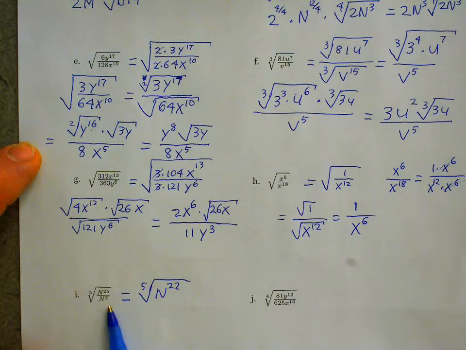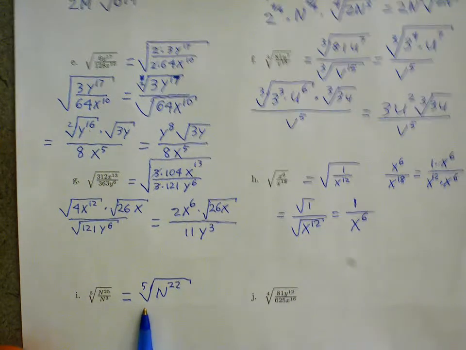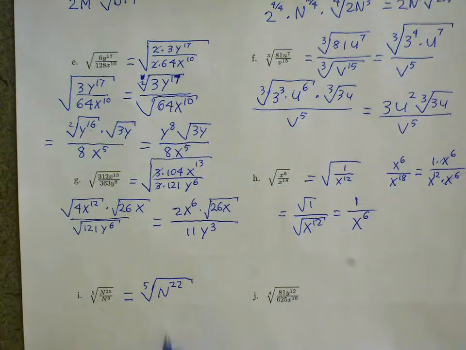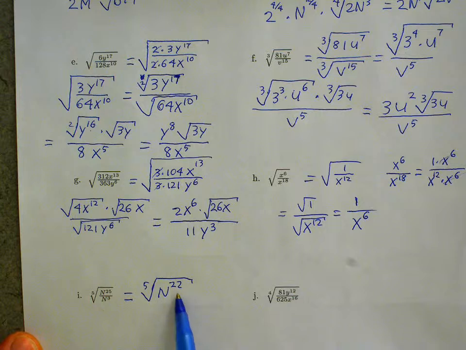So here we're subtracting the exponent 3 from the exponent 25. And then to simplify the 5th root of n to the 22nd, we want to find the largest factor of n to the 22nd that is a perfect 5th power. Okay, so n to the 20th is a perfect 5th power because 20 is a multiple of 5.